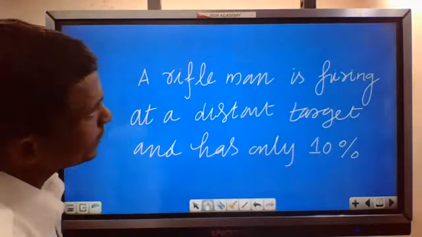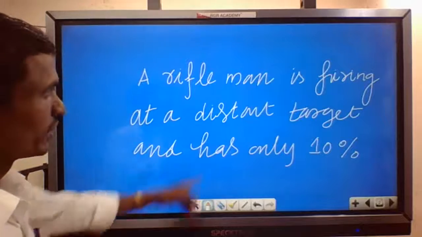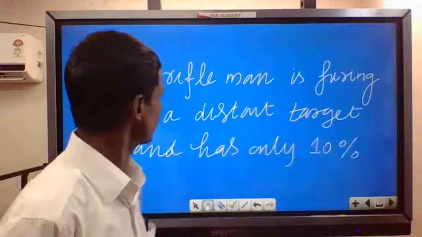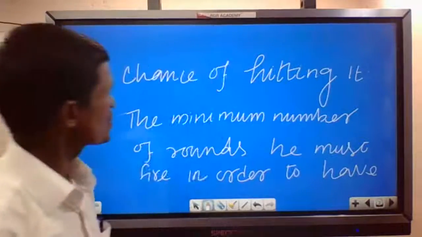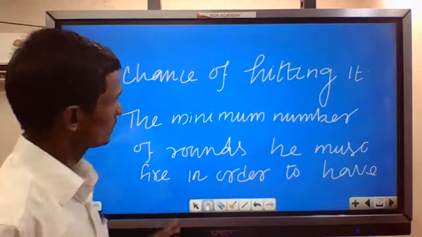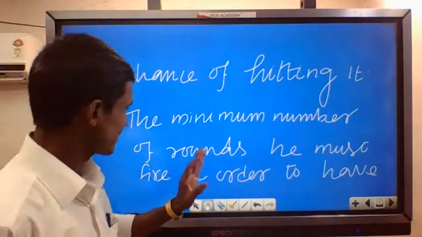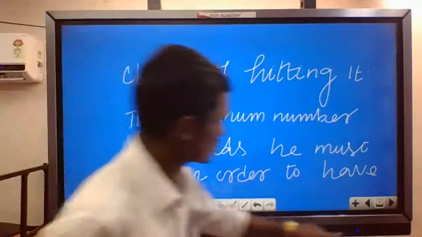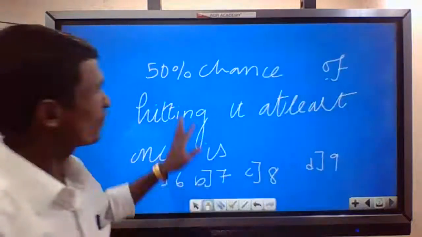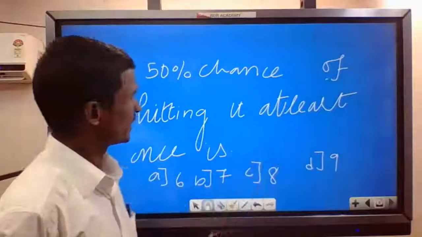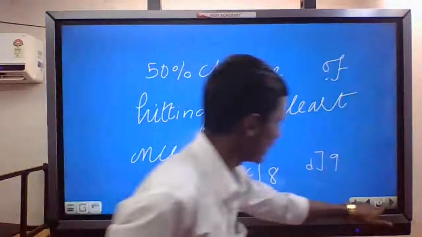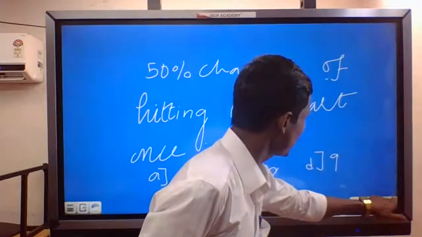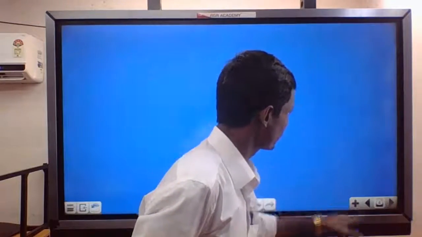A rifleman is firing at a distant target and has only a 10% chance of hitting it. The minimum number of rounds he must fire in order to have a 50% chance of hitting at least once. 6, 7, 8, 9.